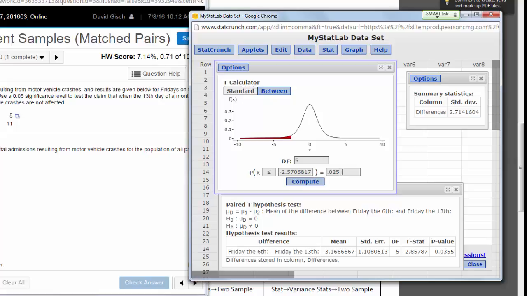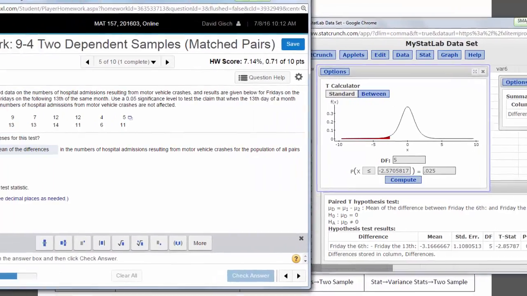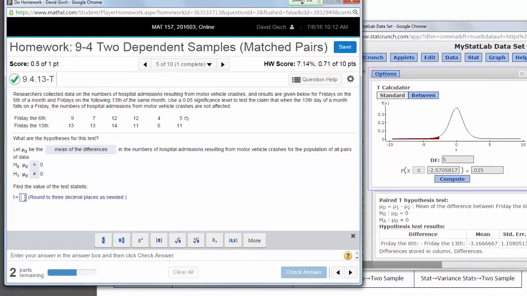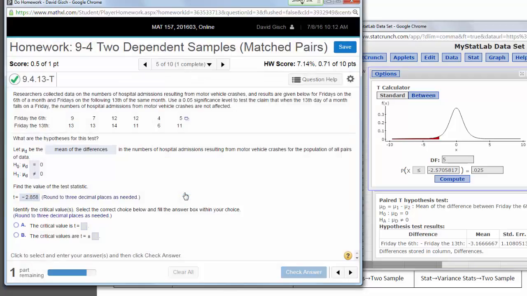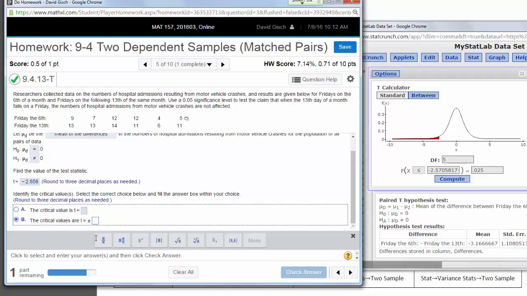All right, so I'll leave this window on the side here. I'm going to jump over to StatCrunch, and we'll just throw all our values in now. So test statistic, round to 3 decimal places, so negative 2.858 if I round. Good job. It did ask for my critical values, and again, there's 2 of them. It's two-tailed because of the not equals in the alternative hypothesis.